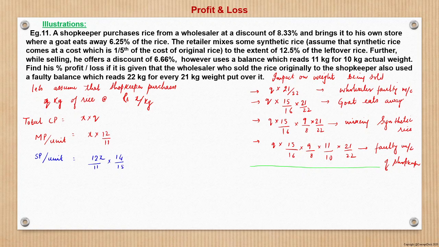Right. Now one factor we need to consider more, and that factor is the addition of synthetic rice, which is not free of cost. That has actually a cost, and that is 1/5 of the cost of original rice. So here we will use the concept of alligation to find the cost of the mixture. Now the cost of the original rice was x cube. Total CP of pure rice is x cube.